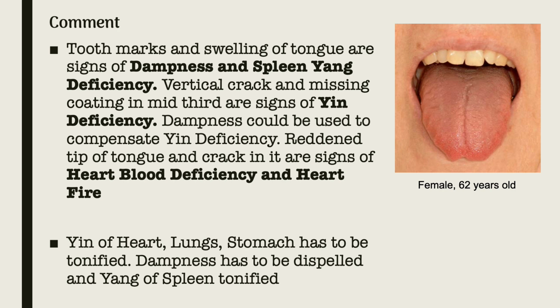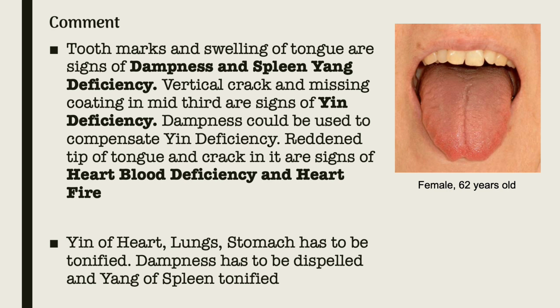The tooth marks and the swelling of the tongue are signs of dampness and spleen yang deficiency. The vertical crack and the lack of coating in the middle third are signs of yin deficiency. Dampness could be used to compensate yin deficiency.